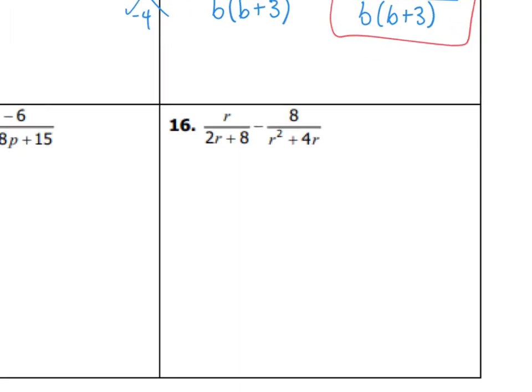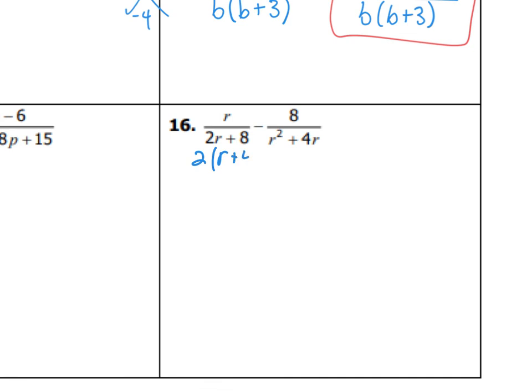If we look at the very first denominator, what's that going to factor down to? Because again, we completely factor them before we decide what our common denominator is. So if I look, is there a GCF on 2r plus 8? 2. What does it become? 2 times r plus 4.